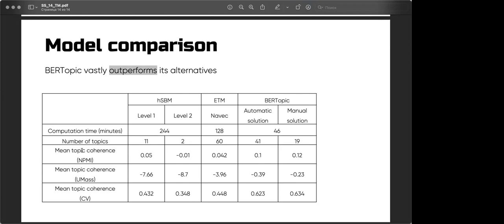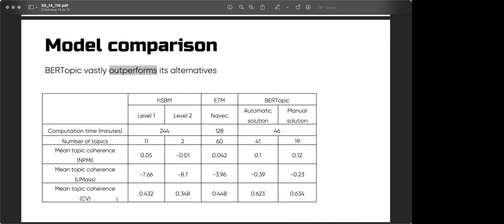But what we can and should compare is the computation time, so the amount of time that it took for each model to converge and produce results, and coherence scores.